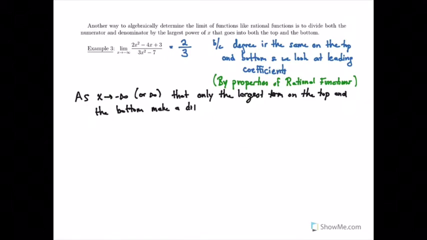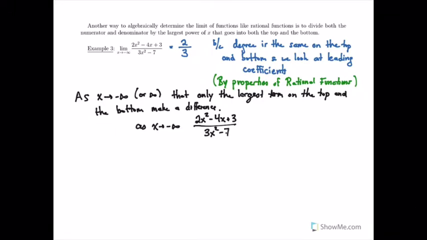So it's also not incorrect to say, as x approaches negative infinity, this function, 2x squared minus 4x plus 3 over 3x squared minus 7, is going to be about the same thing as just 2x squared over 3x squared, which is the same thing as 2/3. That's kind of another way to think about this limit.